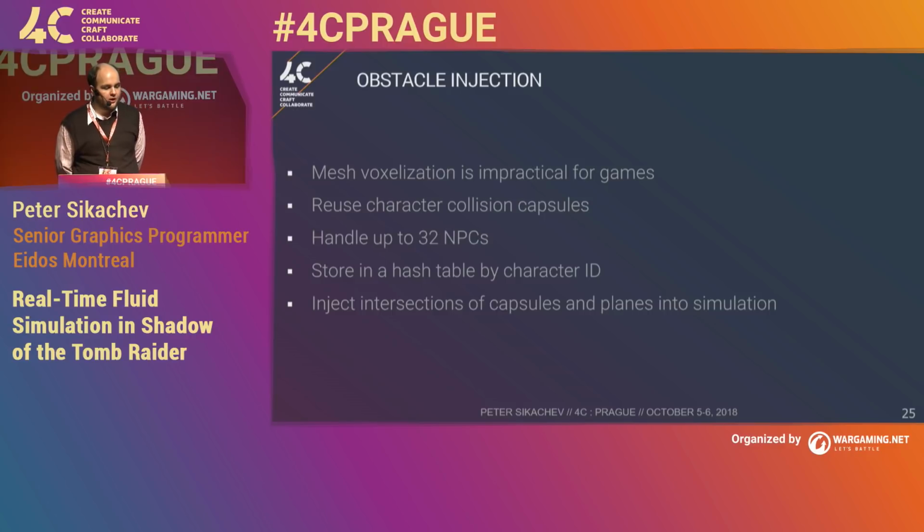We store those collision capsules in a hash table by character ID. We need that to keep track of the capsules that started or ended intersecting on particular frames, to derive the velocity. And as I said, we inject the intersection of capsules into the simulation.